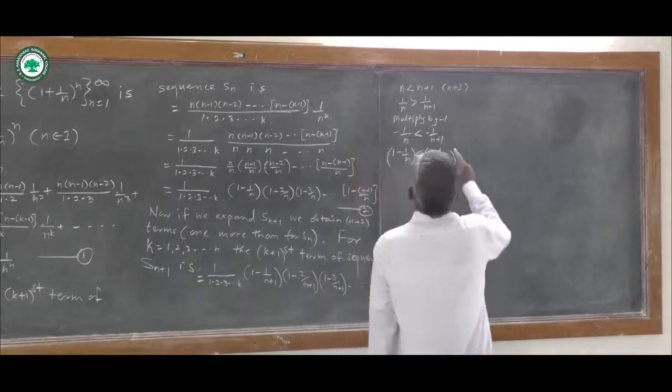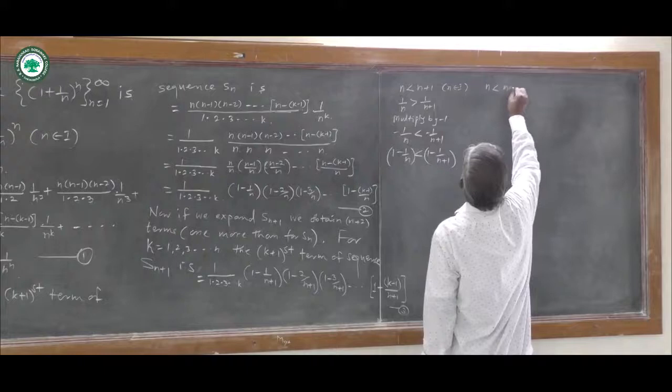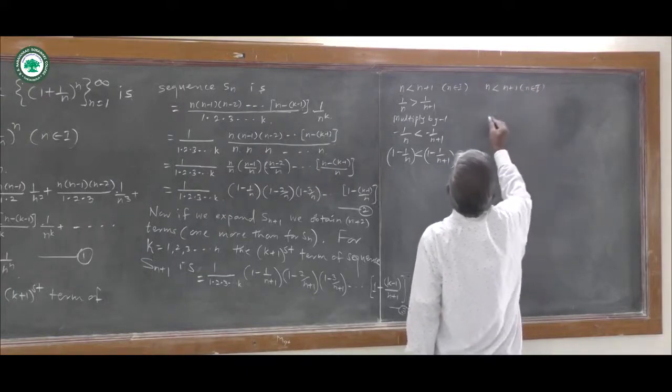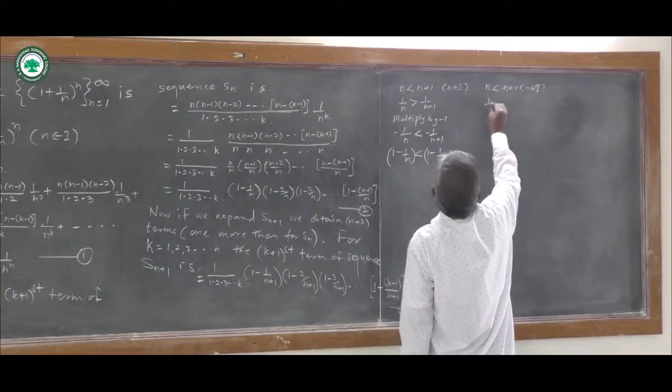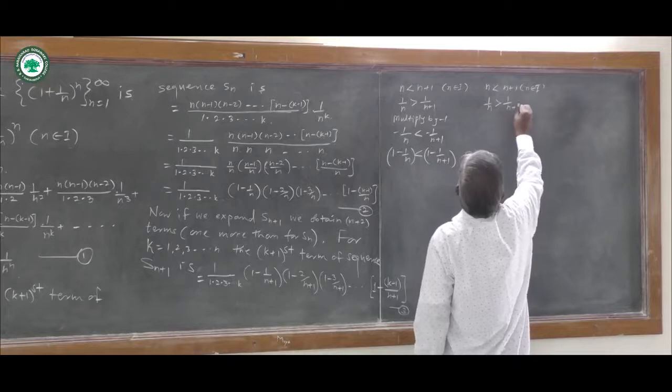Again, here n is less than n plus 1 is true for all n belongs to I. Therefore, 1 upon n is greater than 1 upon n plus 1.